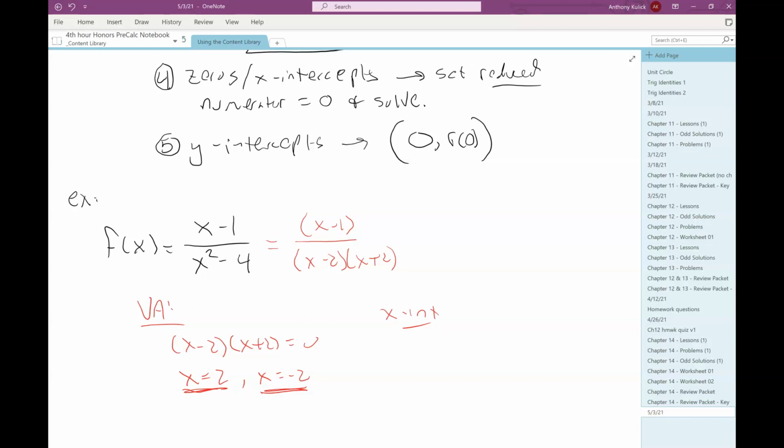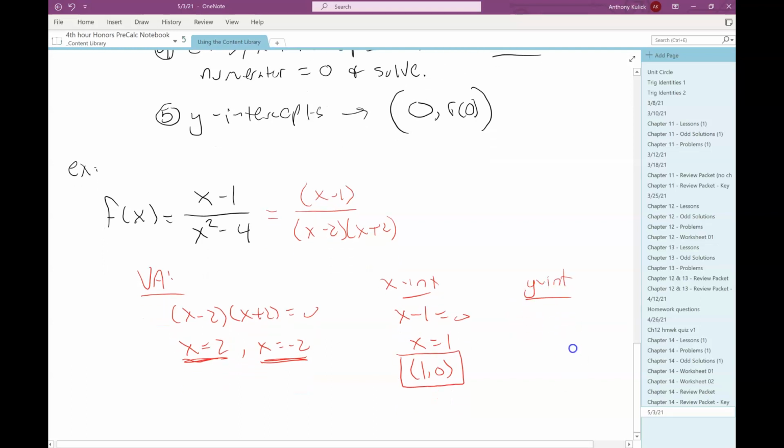Then I'll find my x-intercepts, or my zeros, by taking the numerator and setting it equal to 0. And when I write my x-intercepts, I usually write it as the point 1, 0, rather than x equals 1, just because I don't want it to get confused with my vertical asymptote. You know what I mean? Because that's easy to do when you just have a bunch of x equals pieces laying around.